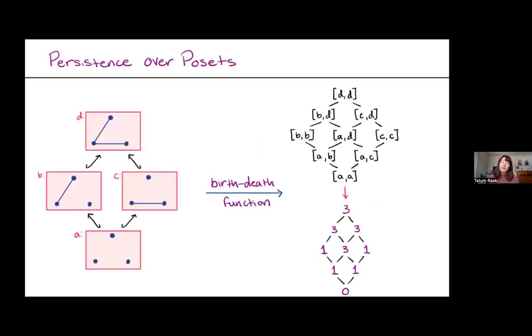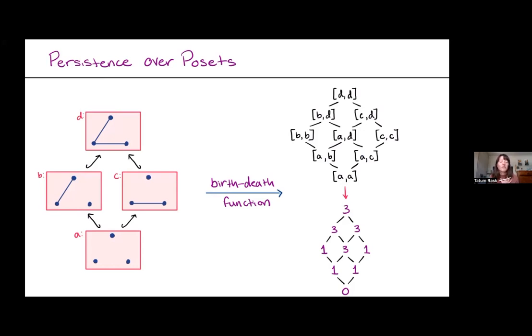Again, I won't spend a ton of time talking to y'all about this, but I just want to give a brief overview of how you might use Möbius inversion to do so. I've created a similar filtration now on the screen, but this time it's a 2-parameter filtration, a filtration over that poset P I showed earlier. And what we can do is compute something called the birth-death function on all intervals in this poset.